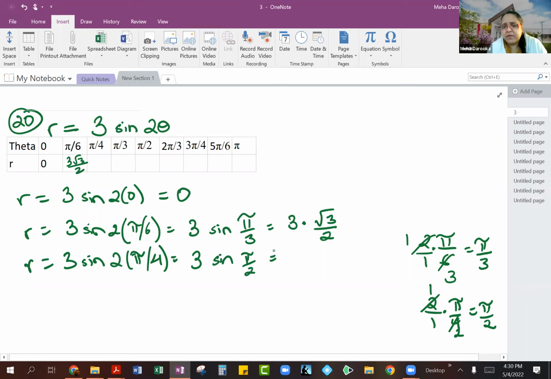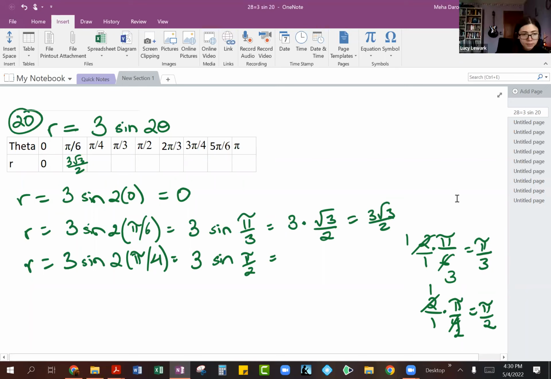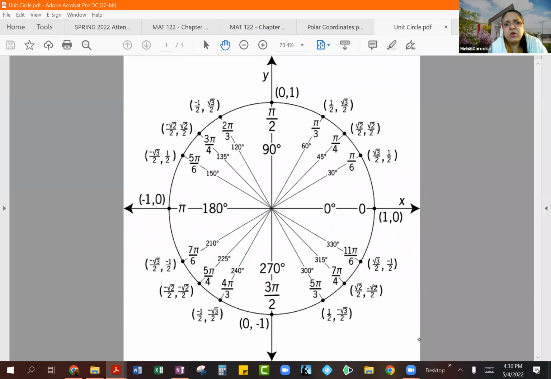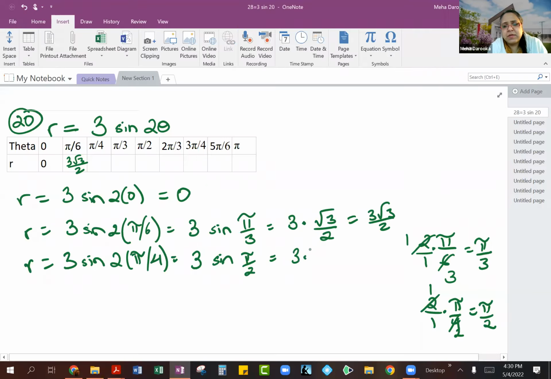What will we end up for this value here? Three times sine of pi halves, what will that end up giving us? 3. Yeah, very nice. So again, just to show you, your pi halves gives you a sine value of 1. So 3 times 1 will of course end up giving you 3.